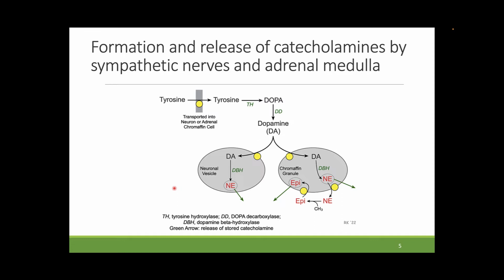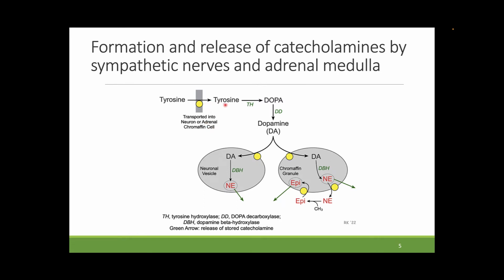There are common pathways, and so I'm only showing one figure here for both of these sources of catecholamines. The catecholamines originate from tyrosine that is transported into a neuron or into an adrenal chromaffin cell.